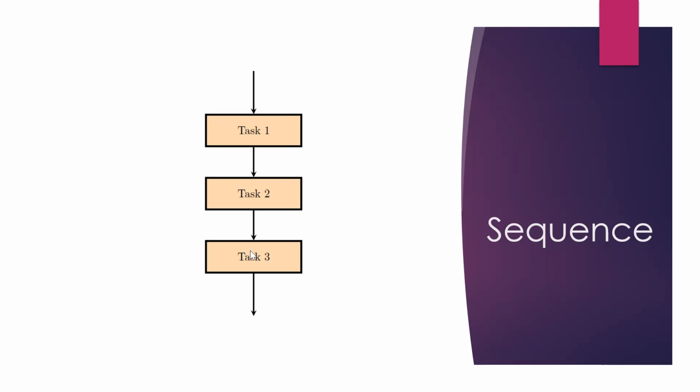So then you draw this. This is task 1, task 2, task 3. The line indicates that you start from the top, you perform task 1, then you perform task 2, then you perform task 3 and go. So if your flow charts look like this, that means if you see the statements one after the other like this, we call this sequence.